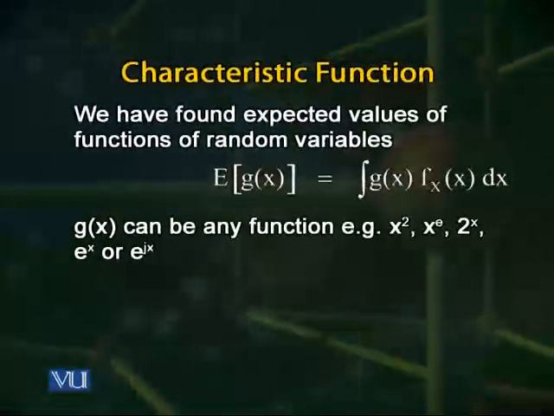If we used e raised to power j times x, where j is square root of -1, then this evaluation will give you expected value of e raised to power jx, but it's going to give you a complex result. It will be a number with real part and imaginary part.